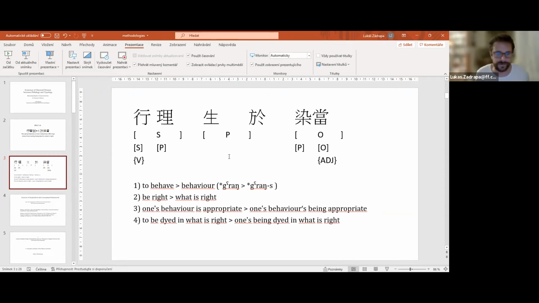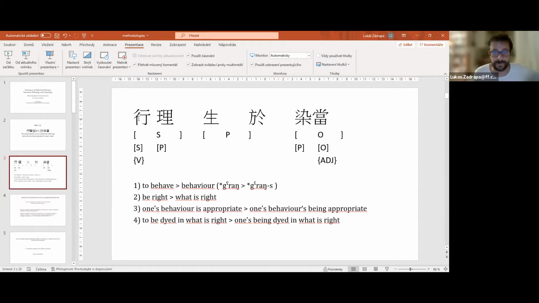So this is at the second level. Here it is Xing Li, where there is the subject and its predicate, Li here being principled and appropriate. But Xing, read traditionally in the fourth tone, is here not to behave, but it is behavior.